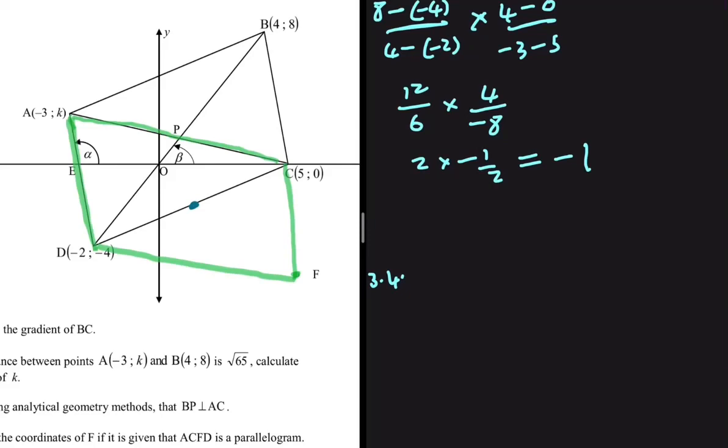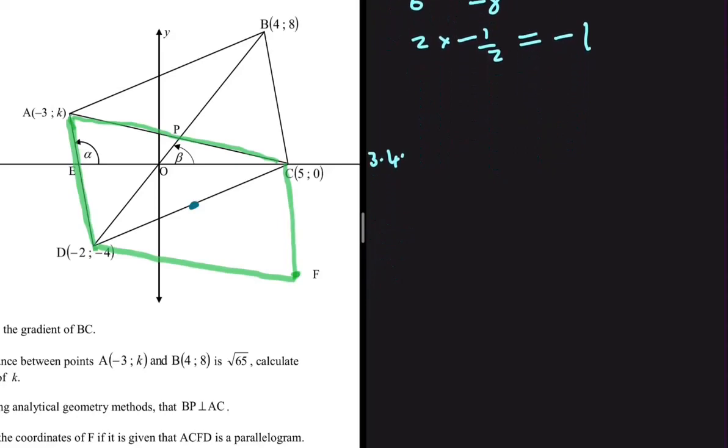Let me show you how, if you're not familiar with the concept. So let's look at the x value of A. The x value of A is -3, the x value of D is -2, and the x value of C is 5. What will be the x value of F?